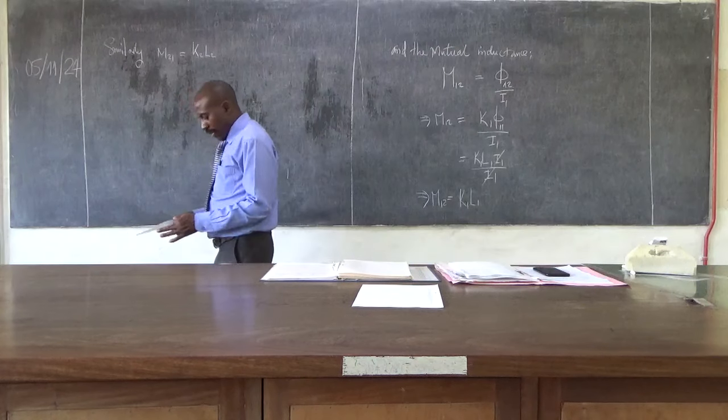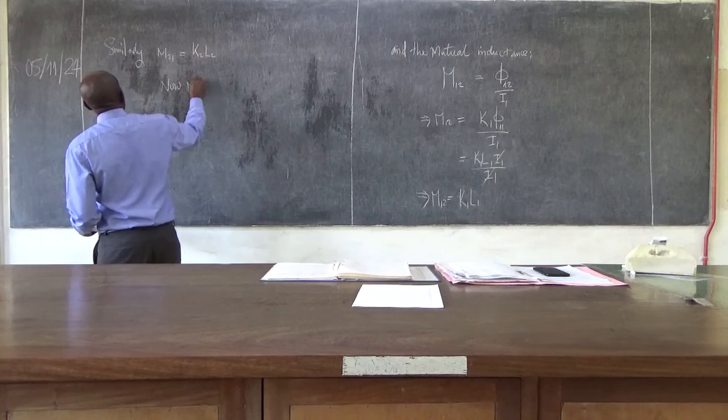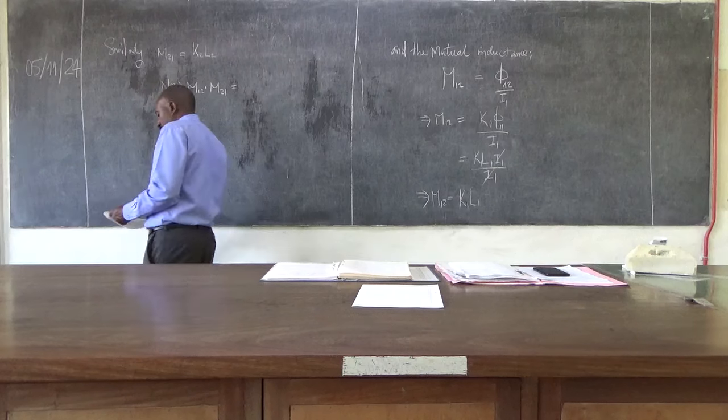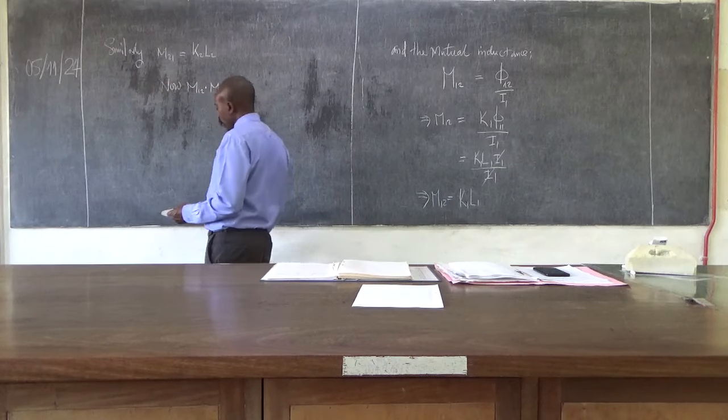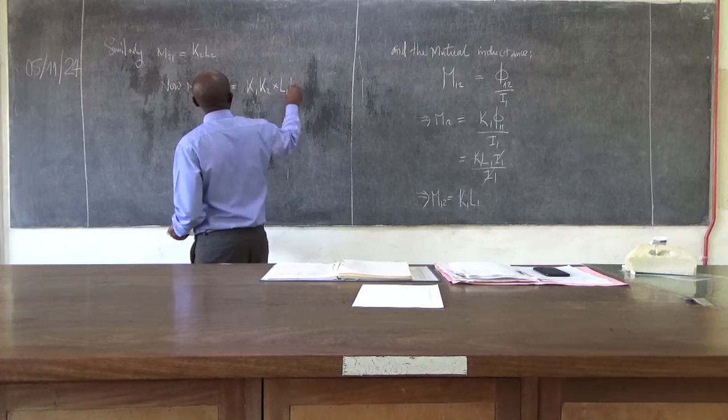And then M12 times M21 would be the same as K1 K2 times L1 L2.